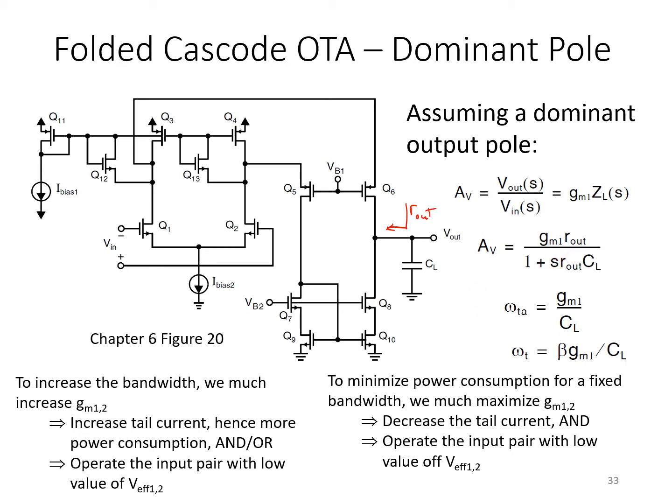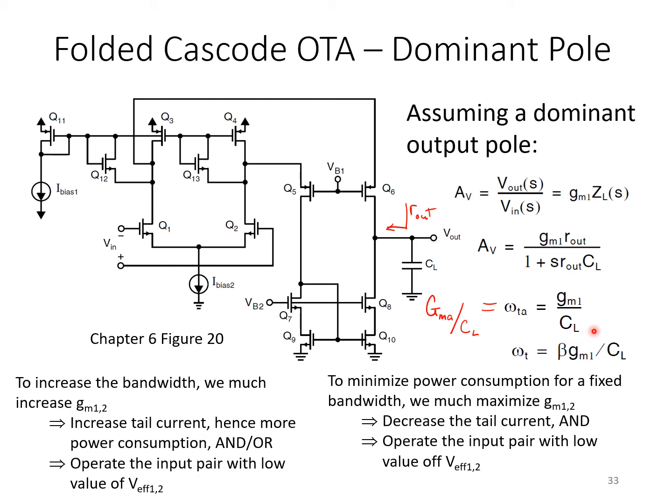Now, putting these together, we saw already how the unity gain frequency of a first order amplifier we expect to be gm over the load capacitance. In this case, the transconductance of the amplifier is gm1.